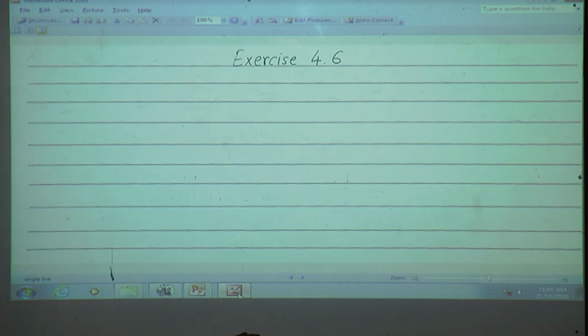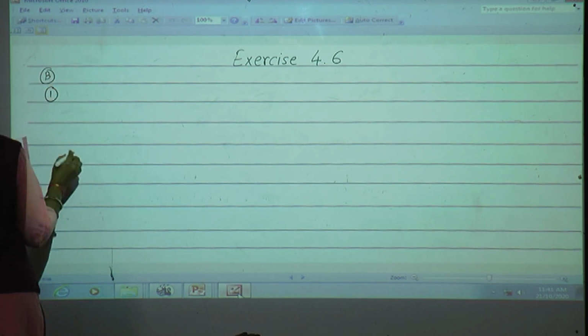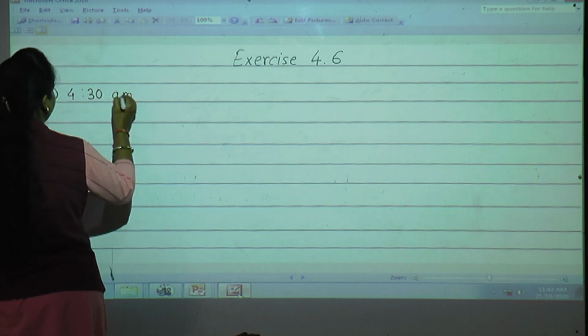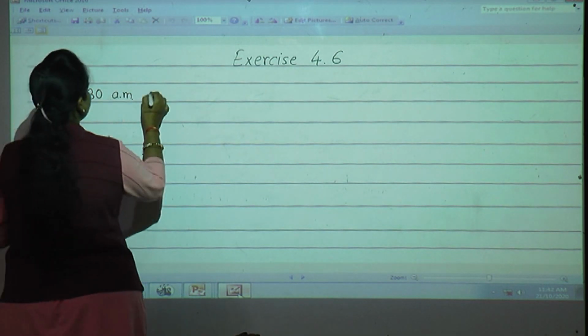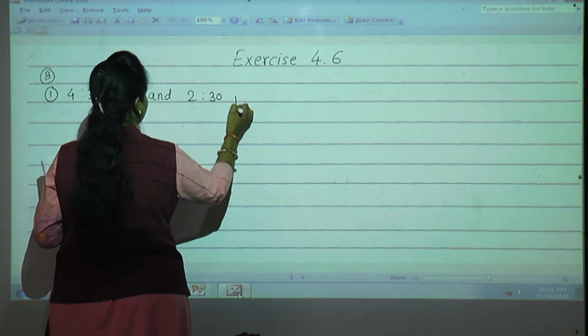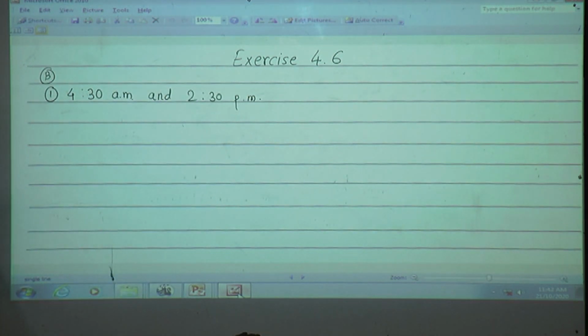What is the B question? Find the time interval between the following. Okay. Now the first example I'll take for you. First one, 4:30 a.m. and 2:30 p.m.